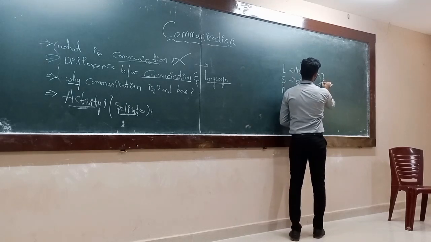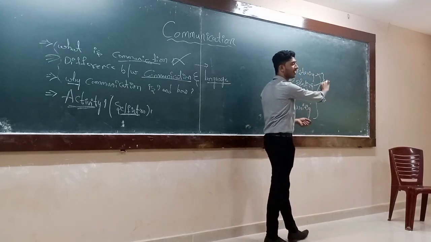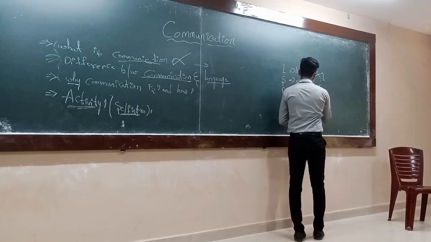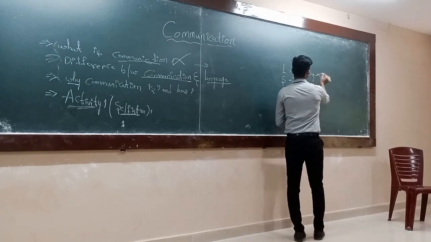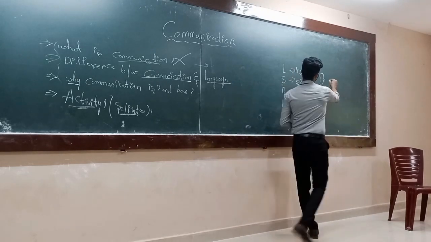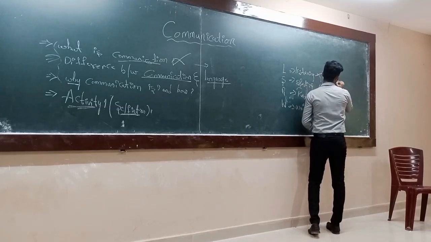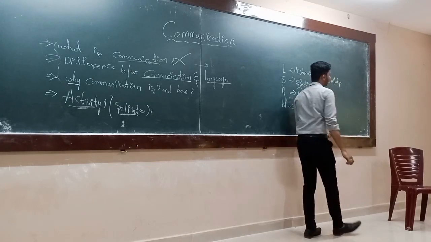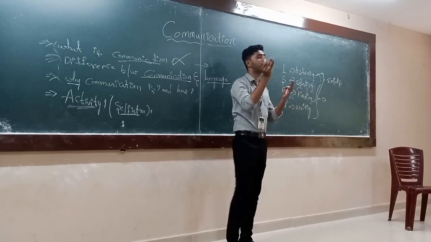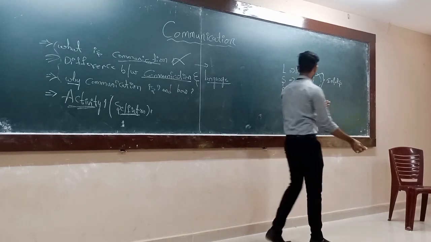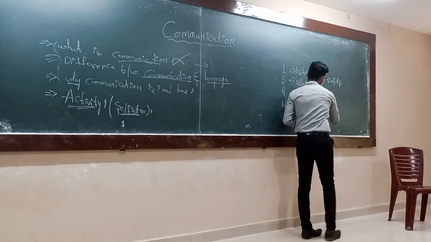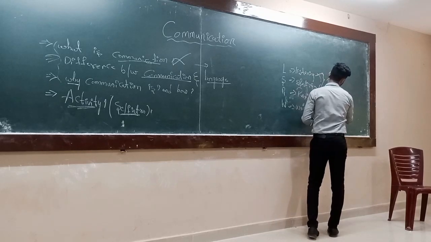These two are interrelated. Listening, reading. Okay, that's fine. Listening and reading are inputs. Nothing but we listen. If we listen carefully, we can express our thoughts. Speaking and writing are outputs.